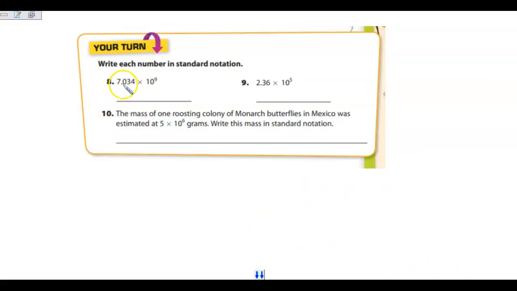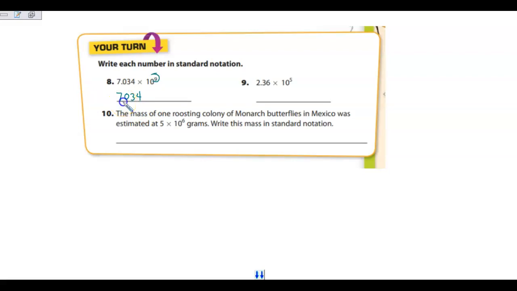So let's try this. We have 7 and 34 thousandths times 10 to the 9th power, and we want to put it in standard form. So this decimal is going to move how many places? 9 places. So we have 7, 0, 3, 4. Write down the number without the decimal, and then count the movements.